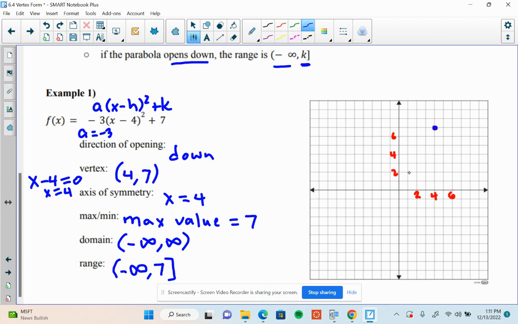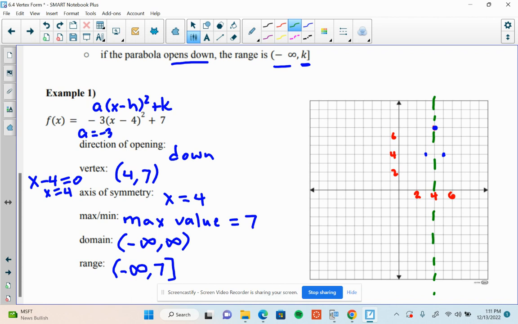And then we can plot other points as well. Like we can find out what happens when x is 5. If you plug in x equals 5, you find out that the y value is 4. Use the symmetry line to find the point 3, 4. I'm going to draw that symmetry line, just a dashed line through the vertex.